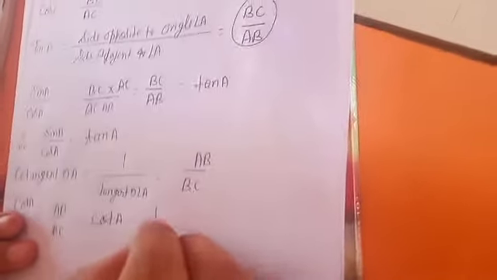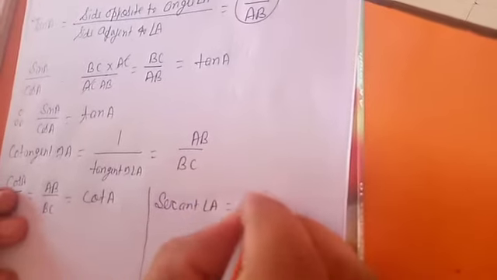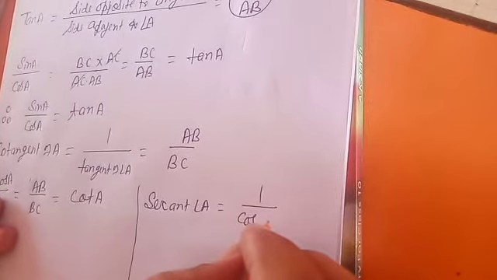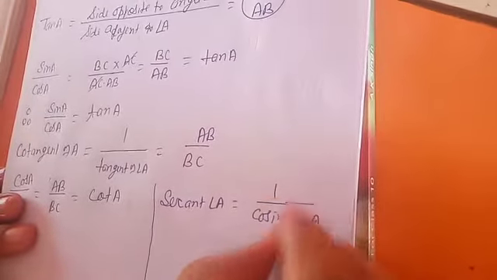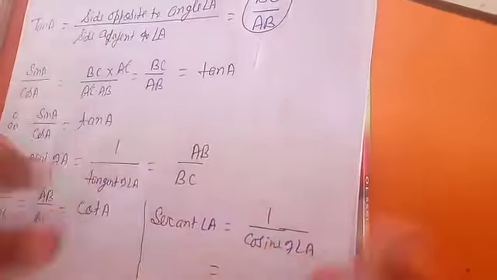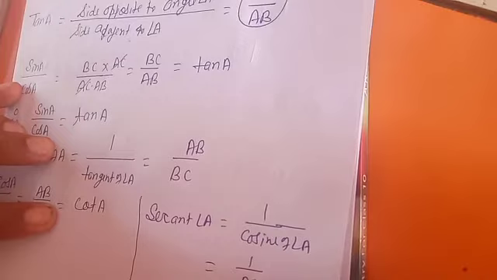Similarly, you can find out secant of angle A. Secant is 1 by cosine of angle A. What is cosine of A? This is equal to 1 by AB by AC, AC going upside.